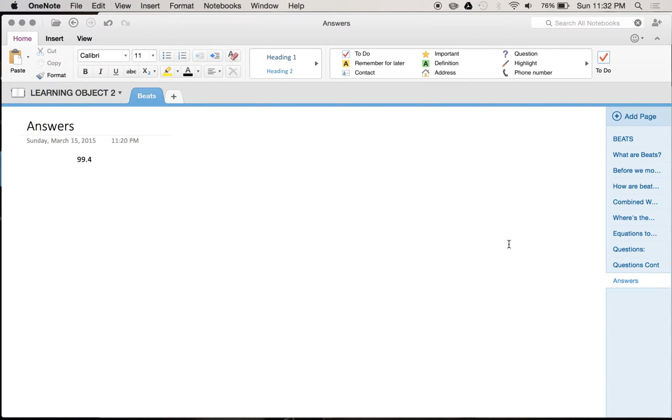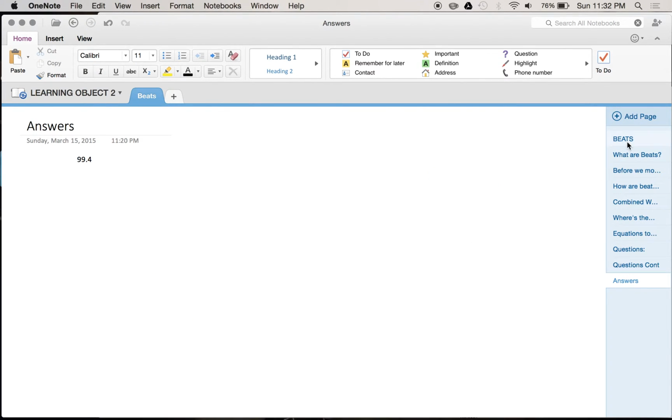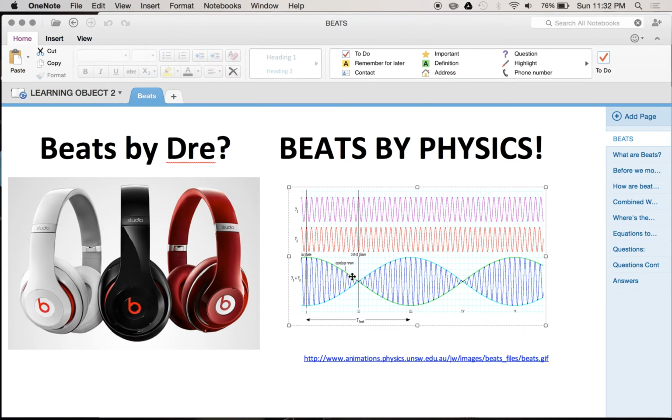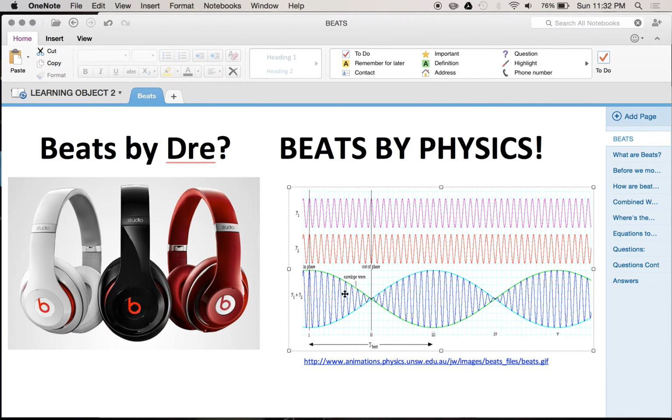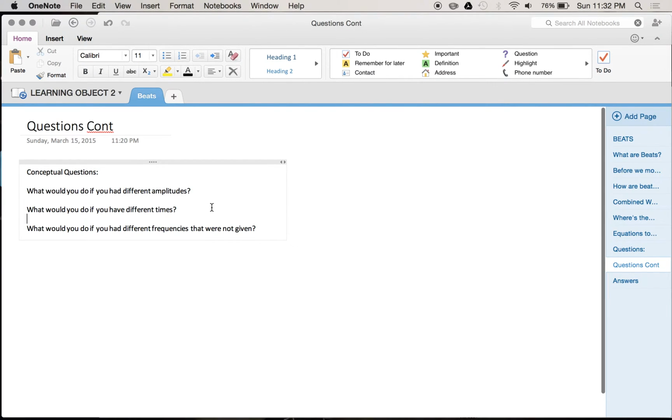The answer to the first one is this, and this represents what I mentioned over here, my amplitude, also the intensity of the sound. So, this is the envelope wave, which represents the amplitude of the envelope. So the green line there, if you see that properly. And also the equations of what do you do if you had different amplitudes?